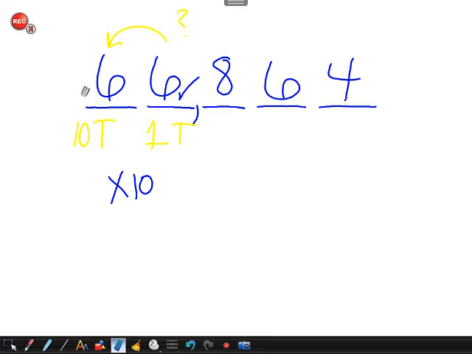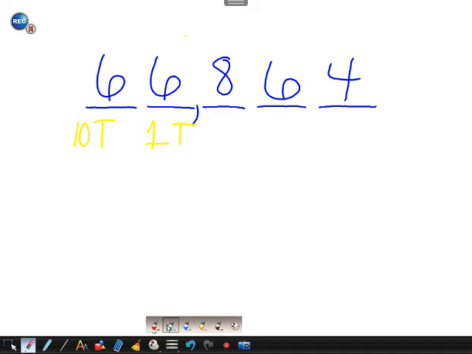Now let's go the opposite way, and then I'm going to show you what happens if we move more than one time. So let's look at the two 6's again, and this time we'll look at going this direction. Now it went from the 10,000ths place to the 1,000ths place, so it is getting smaller.